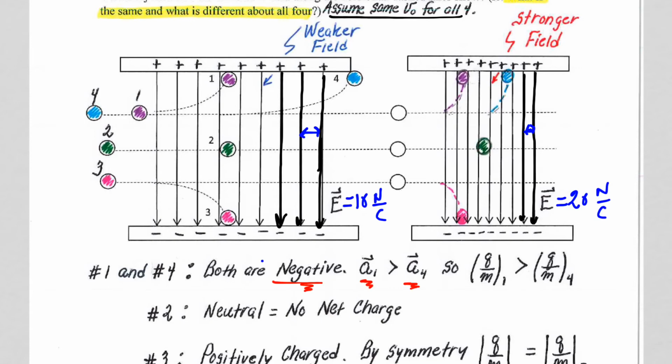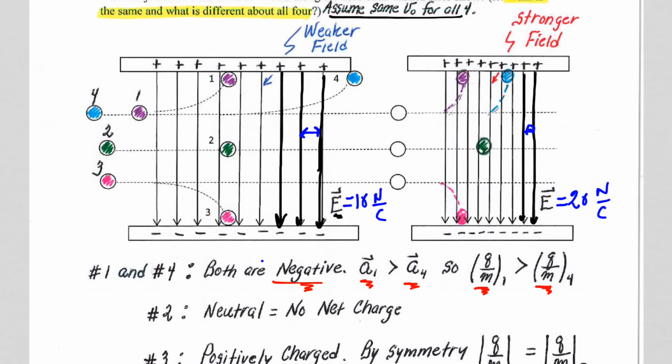If they had the same initial velocity, and the electric field was the same for both, that means the charge to mass ratio of particle 1 must be greater than the charge to mass ratio of particle 4.